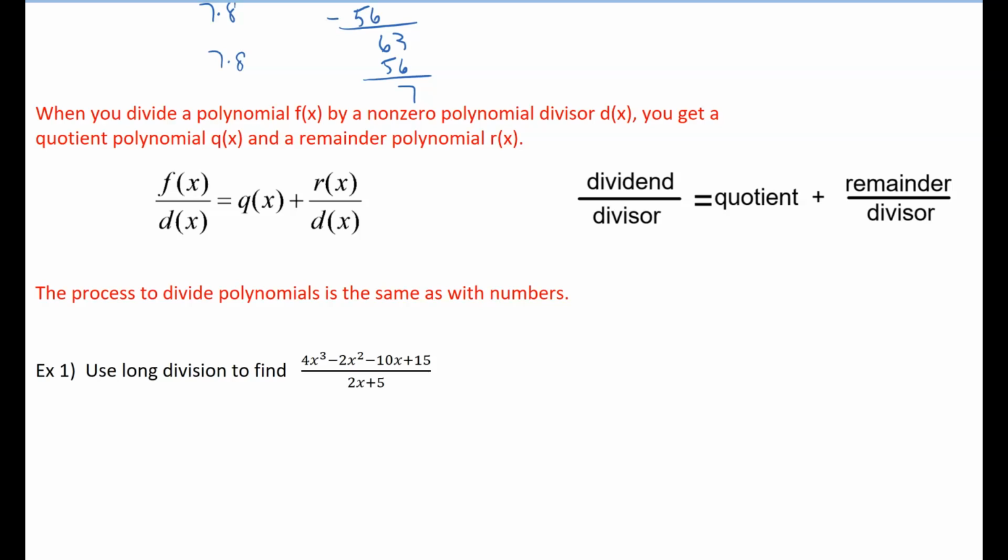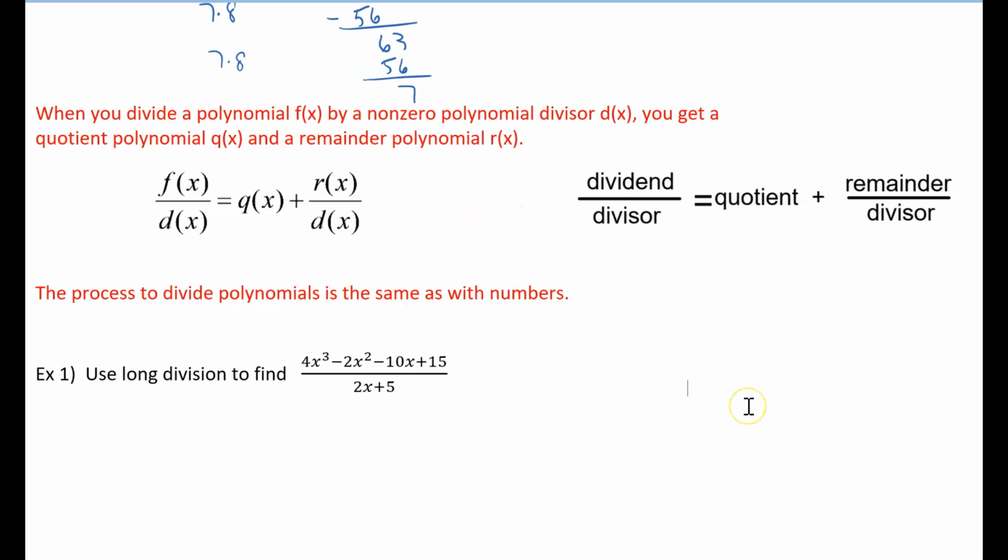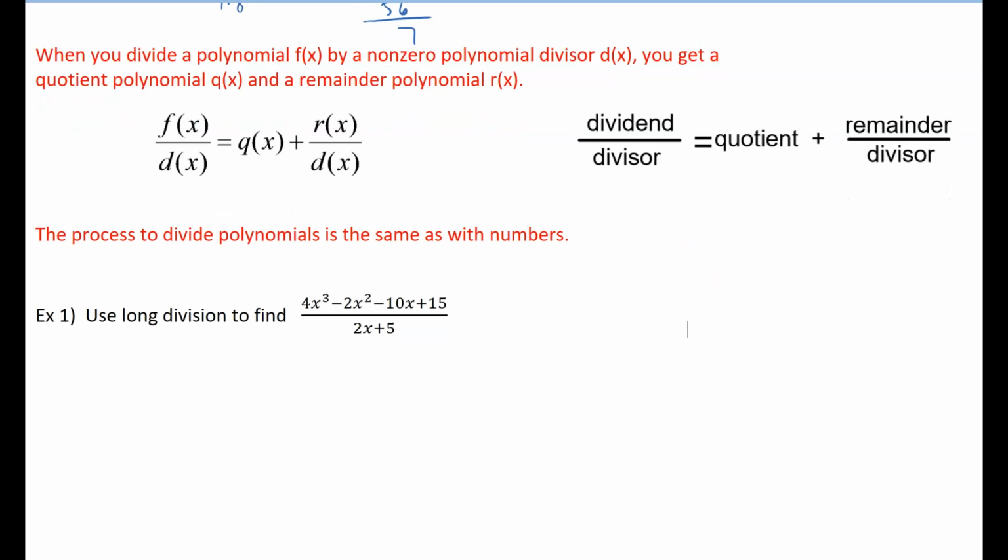Okay. All right. So we're ready to try one. Enlarge that a little bit. Okay, so for our very first one, we've got 4x cubed minus 2x squared minus 10x plus 15, and we want to divide this by 2x plus 5.